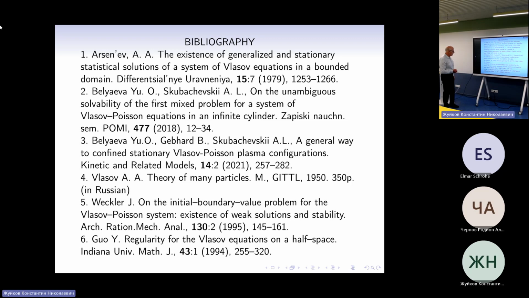Also, I would like to mention a very big paper concerning weak solutions by a German mathematician, a former pupil of a famous scientist. I have mentioned already the paper of Bohr devoted to the existence of classical solutions for mixed problems in the half-space case.